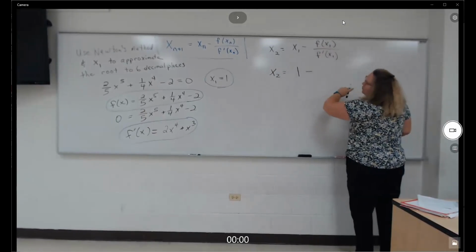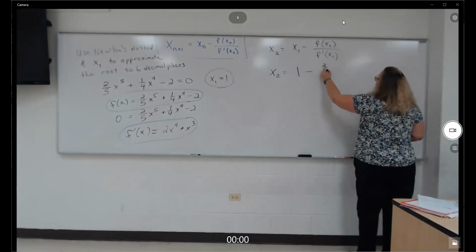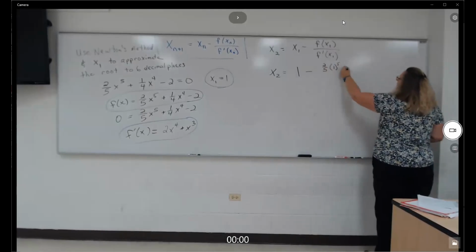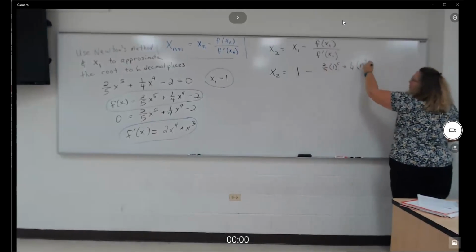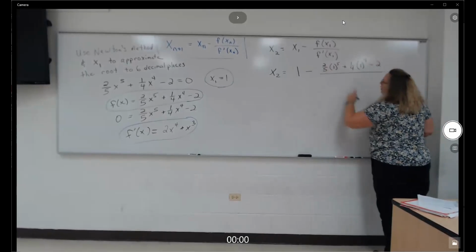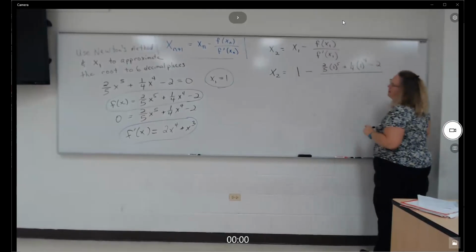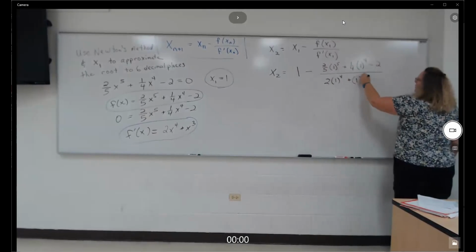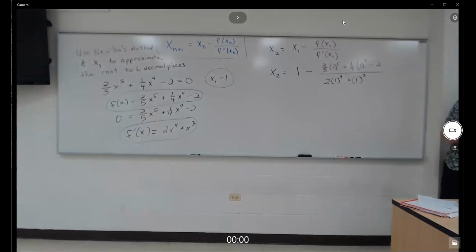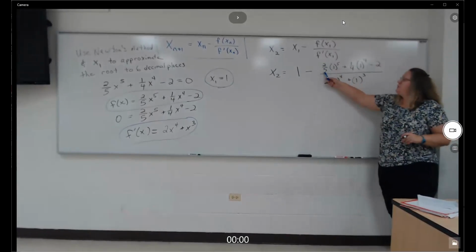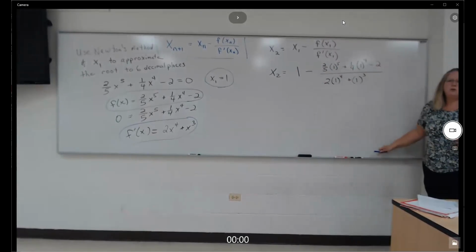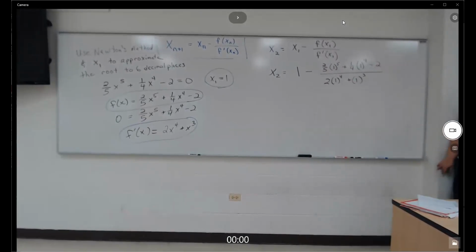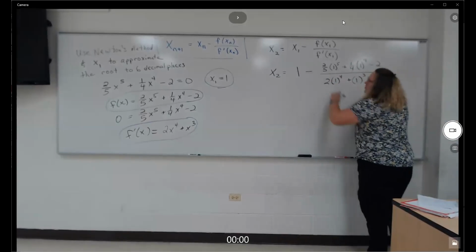No. So now I do 2/5 x, but x is 1 to the 5th, plus 1/4, 1 to the 4th, minus 2. And then not all over, but just this part, because you still have the 1 minus. 2, 1 to the 4th, plus 1 to the 3rd. If you want to change this, like 2/5, if you want to change that to 0.4 and change 1/4 to 0.25, this is definitely a decimal. So if you like decimals, you can definitely use that. Remember, this fraction, you still have the 1 minus.